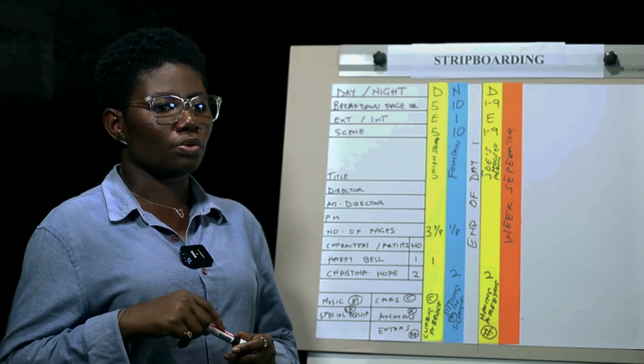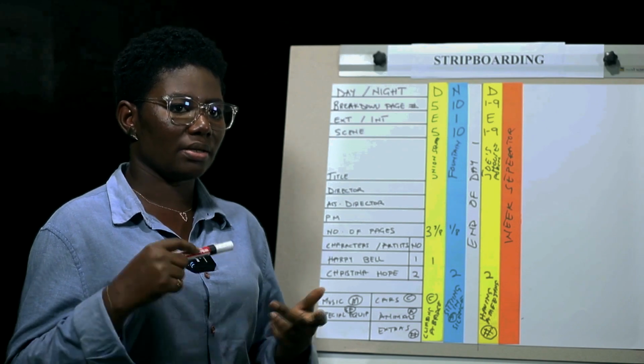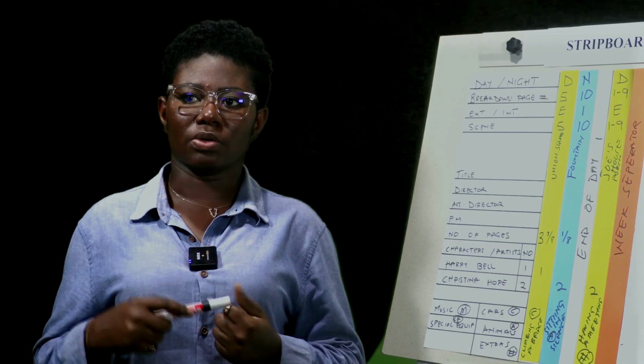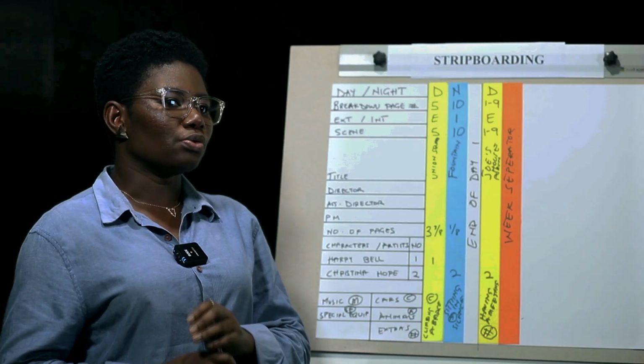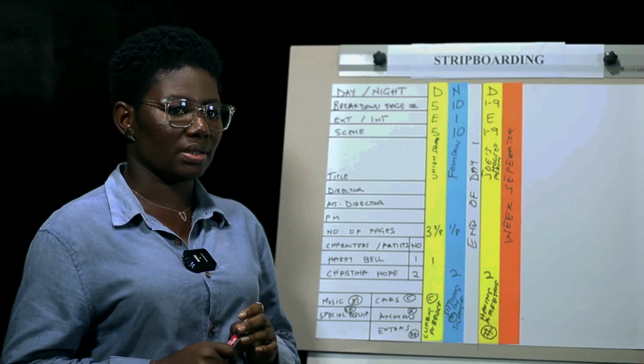Other important factors to note is the availability of the actors, the crew, the equipment, the location and limitation on the shooting days. Strip boards typically do not include times for shooting each scene.